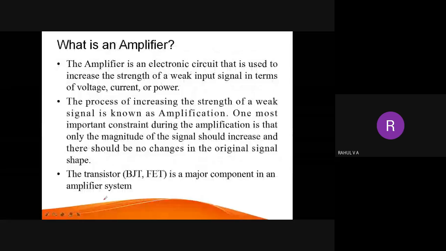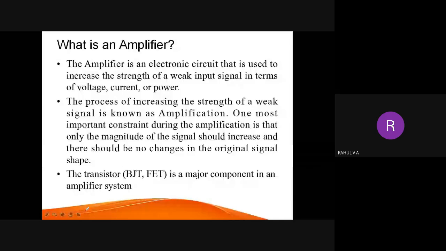Okay, let us think about it once more. We are learning amplifiers now. Amplifier means it will amplify a weak signal to a strong signal. So we will have a weak input signal at the input terminal of the amplifier, then at the output terminal we will have a strong signal. Strong means what?